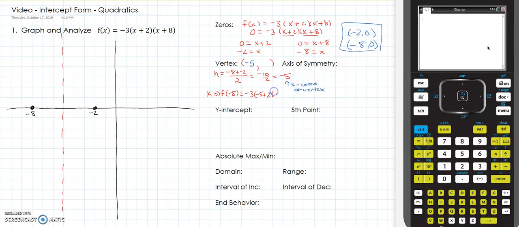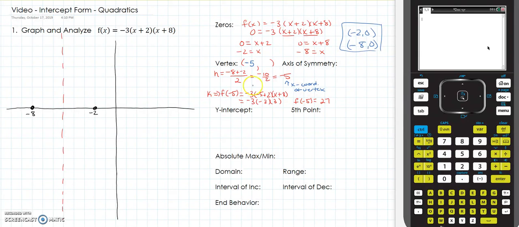We don't use that -3 for our zeros, but we use it for all the other calculations. So we have -3 times -3 times 3. When I do that, f of -5, so when x is -5, y is going to be -3 times -3 times 3, which is 27.